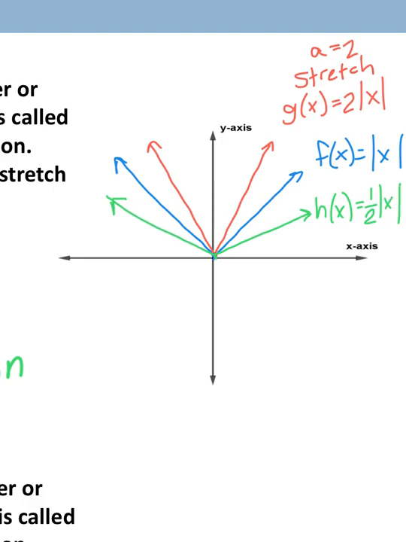You can see in this example that for a given input on our original pre-image function, our transformed function, h of x, has a lower output. So instead of getting taller, it's actually getting shorter in the vertical dimension. Let's go ahead and label this compression. And in this case, our a factor, our stretch factor, is equal to 1/2.